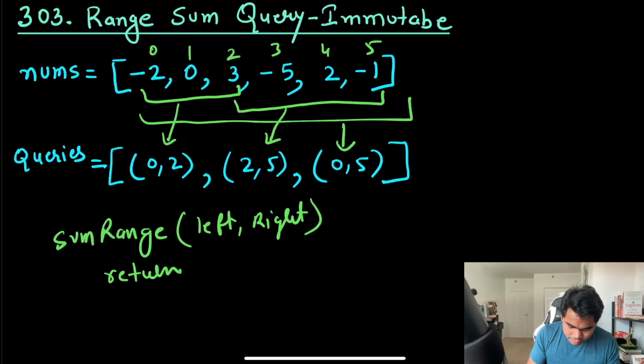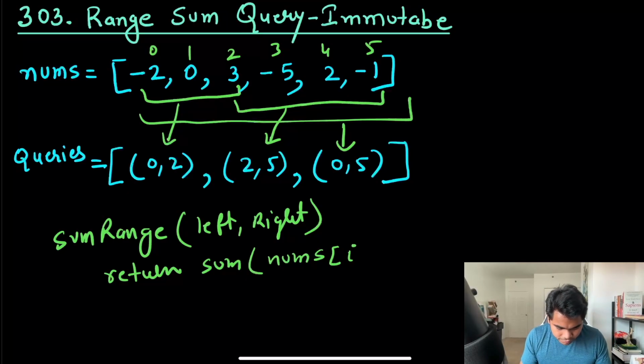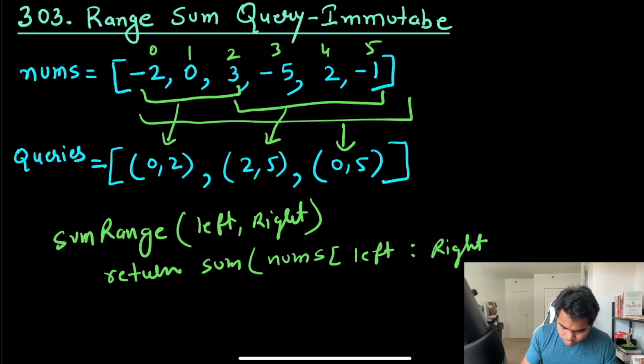So what we can do, in Python at least, is just return the sum of nums from left to right. Since the end is exclusive, right plus 1.